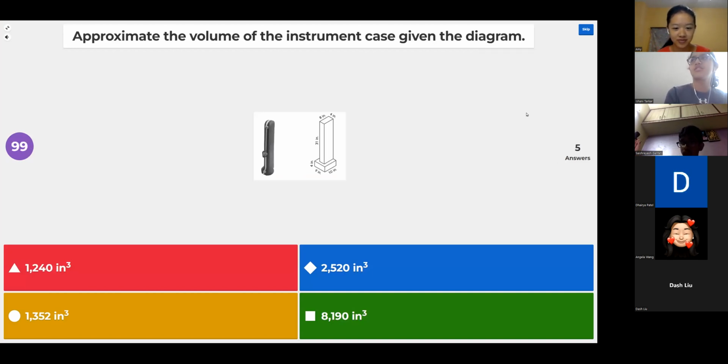The next few questions are also the instrument case, but with different shapes. The only thing you can do here is guess. I mean, you could always actually find the answer. Just pull out your mental calculator. If you do that, you'll just lose points.